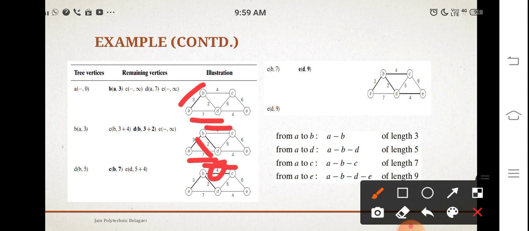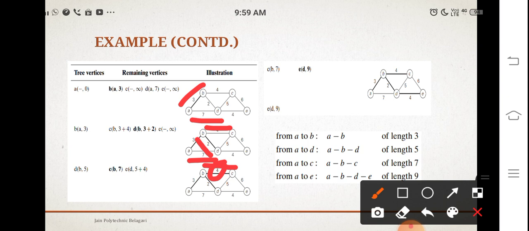Then finally only one vertex is remaining, that is E. So how to travel to E? Through what vertex we can travel to E? There are two ways. We can travel through D or we can travel through C. So among these two vertices, which edge is having less weight, that we need to check.